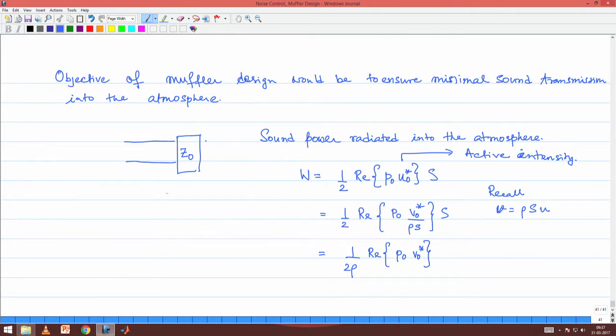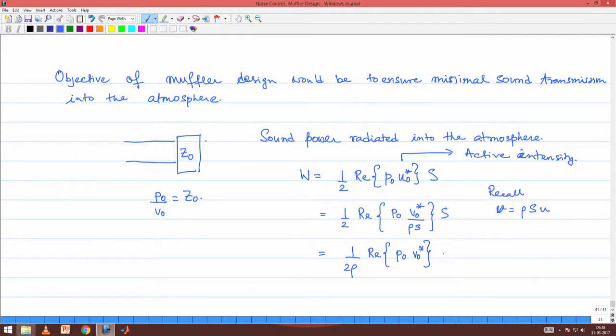But then we know, because we have a radiation impedance condition, we know P 0 by V 0 is exactly Z 0, right. At the end of the tailpipe, where the tailpipe is opening into the atmosphere, we have argued that the boundary condition appropriate to the exit of the tailpipe is that of a radiation impedance denoted by Z 0.